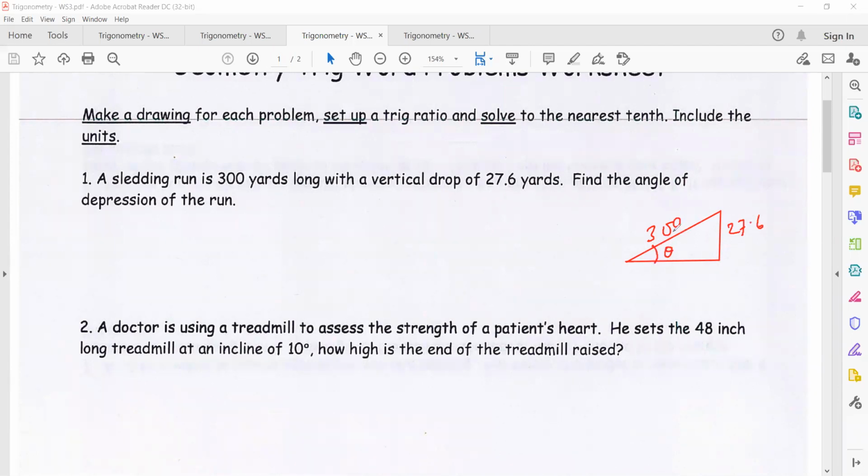Then you will use sine, opposite and hypotenuse. Sine theta, or you can take x, equals 27.6 over 300. So x or theta equals sine inverse 27.6 on 300.